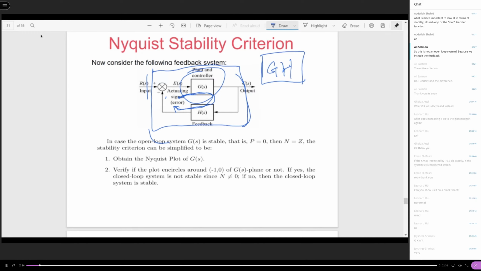What is more important is that after you apply the controller and obtain this feedback structure, what is going to be the behavior of this closed loop system, that matters. So you should be careful about that.